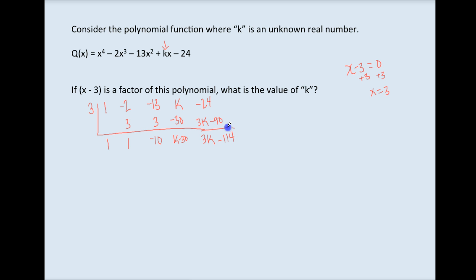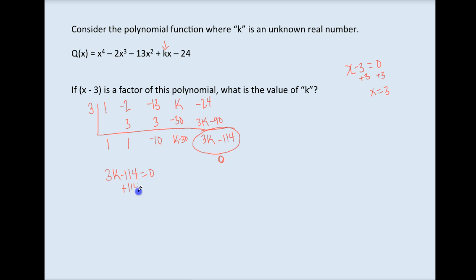Again, from here we know that if x minus 3 was a factor, this value right here should be 0. It happens every time. If it's a factor, the remainder, or the last term in synthetic division, should be 0. So we know that 3k minus 114 should equal 0. And if we solve that, we'll know what k was supposed to be.